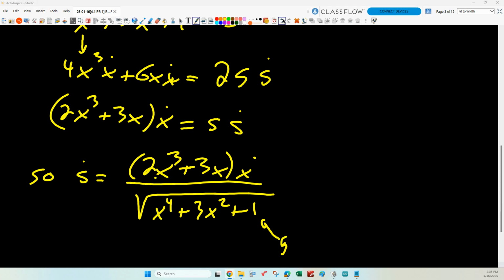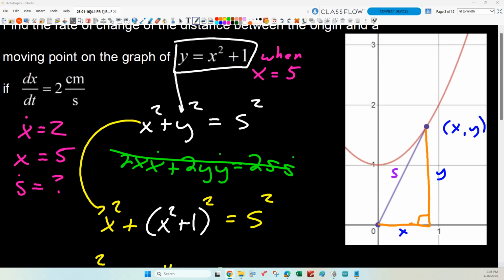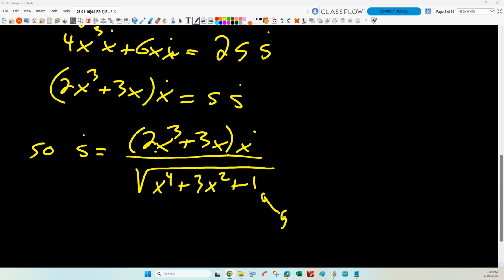Okay, and now I can just plug and chug because we know x dot is 2 and x is 5, and those are the only ingredients of that function now, right? So if we plug all that stuff in, what do we get?